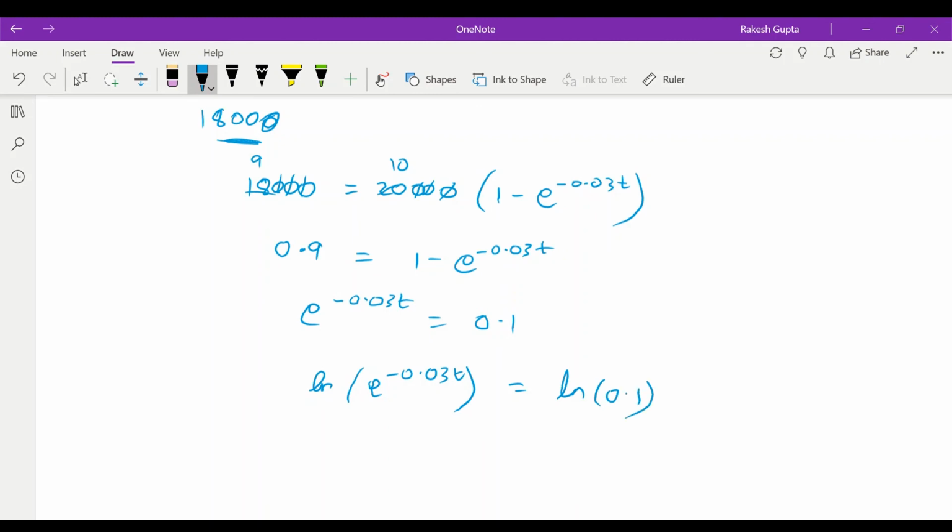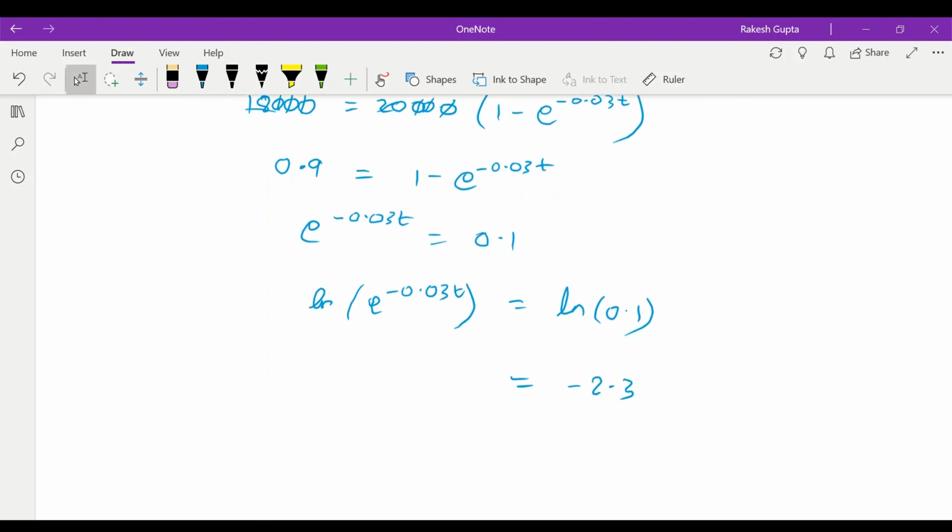The calculator says that ln of 0.1 is minus 2.30, so I'm going to write minus 2.3, and ln of e power minus 0.03t can be written as minus 0.03t. So t is 2.3 divided by 0.03.